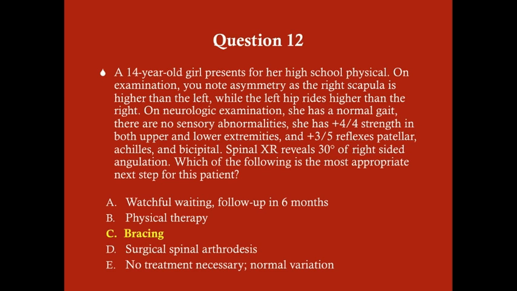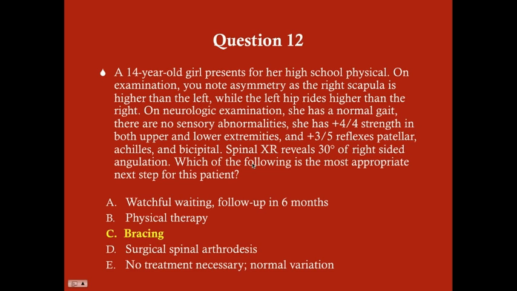It's also important when you have a patient with presumed scoliosis to rule out any kind of neurologic signs. It is possible to have something called neurologic scoliosis, and so you want to rule out any kind of upper motor neuron signs. And so we do rule that out here, in as much as she has a normal gait, she doesn't have sensory abnormalities, and she has normal reflexes.